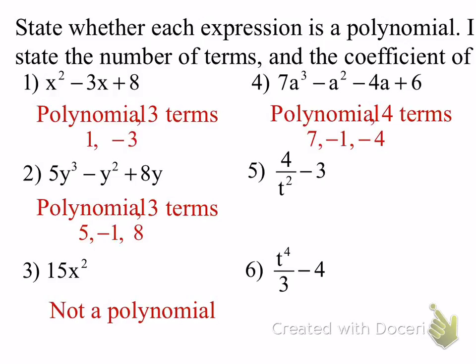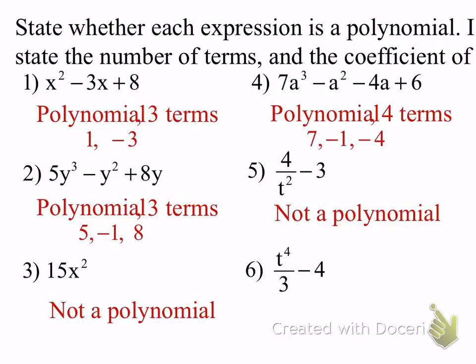Get your book out. Now, remember what I said. T being in the denominator is not a polynomial, because if I wrote that not in fraction form, it would be t to the -2 power.